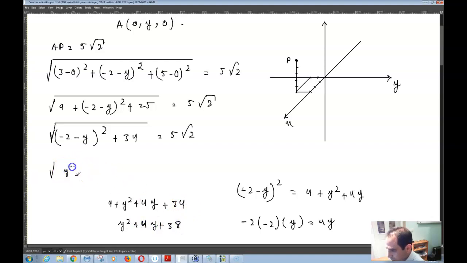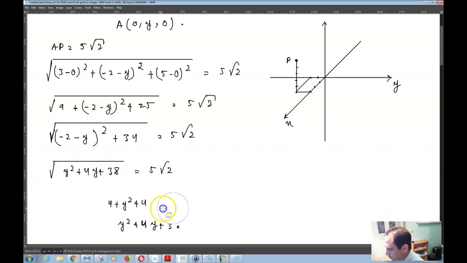So the square root of y squared plus 4y plus 38 is equal to 5 times the square root of 2. If I raise both sides of this equation to the second power, I'll get y squared plus 4y plus 38 is equal to 25 times 2, which is 50.